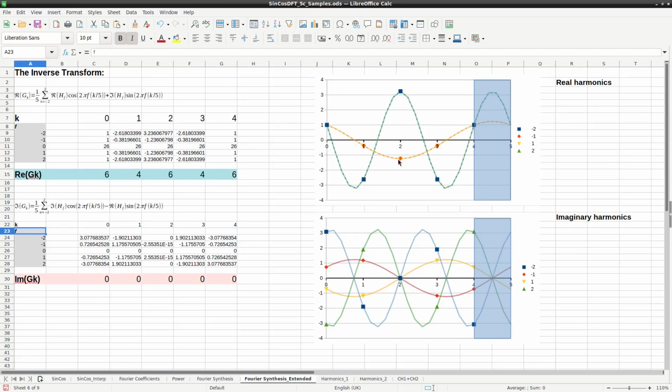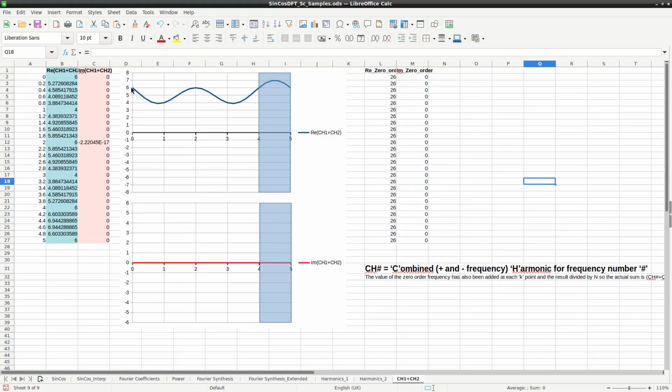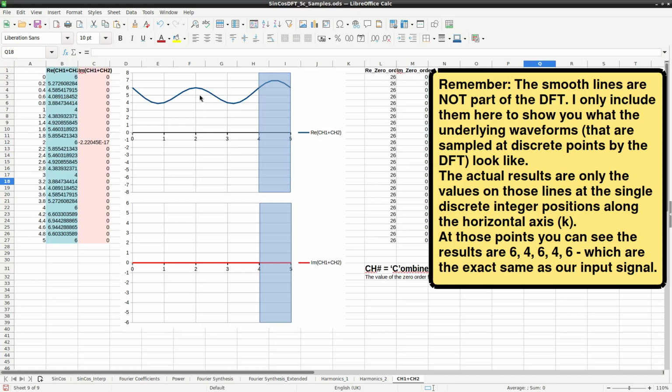So when you add up all these harmonics, this balances out the uneven single sample fluctuations. And if we go to the final Fourier synthesis sheet, we see the end result of adding all these frequencies is a perfectly even alternating sample signal that exactly matches our initial f equals 2.5 exact Nyquist signal, even though we didn't have an f equals 2.5 harmonic to do it with.